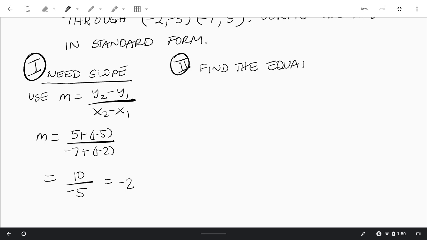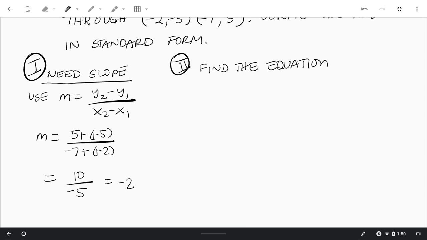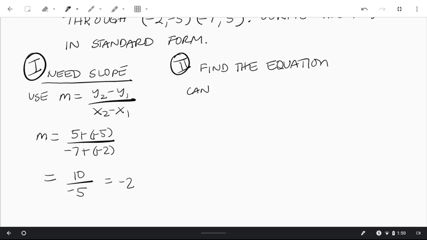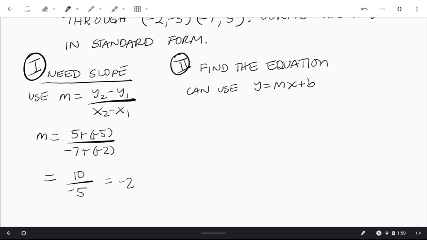All right, it doesn't matter to me which one you use, the slope-intercept form or point-slope form. I'm going to go ahead and use slope-intercept form, y equals mx plus b. So you can use this one and solve for b.